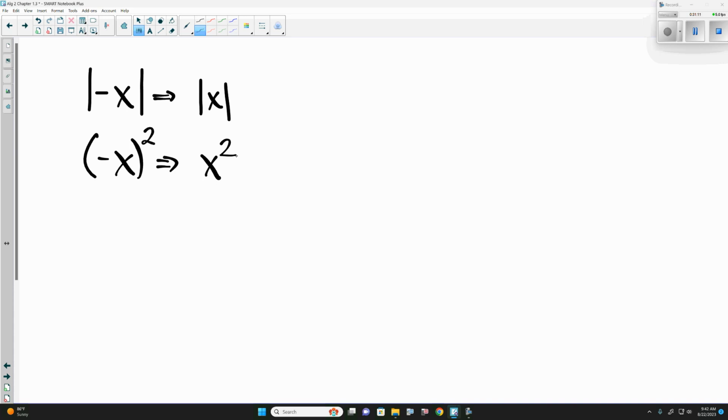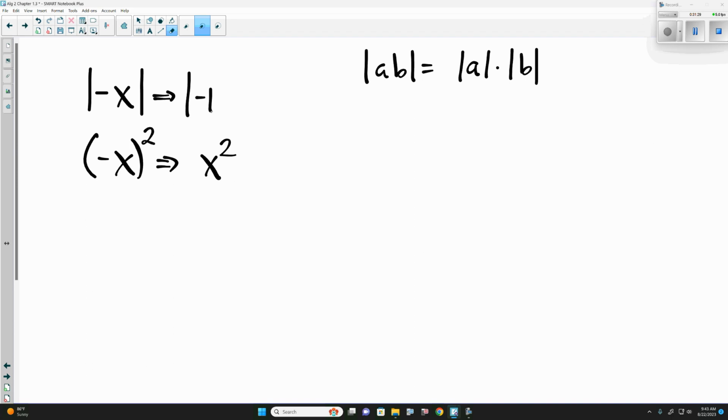For the most part, yes. One of the properties of absolute values is that the absolute value of a times b is equal to the absolute value of a times the absolute value of b. We can split the two numbers apart if we just have one term, which means here, I can really say this is the same as negative 1 times x.